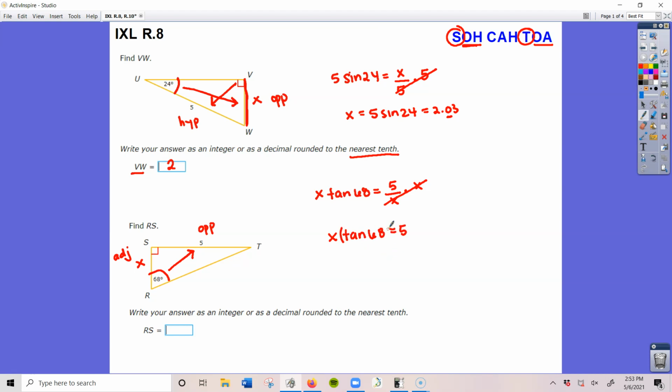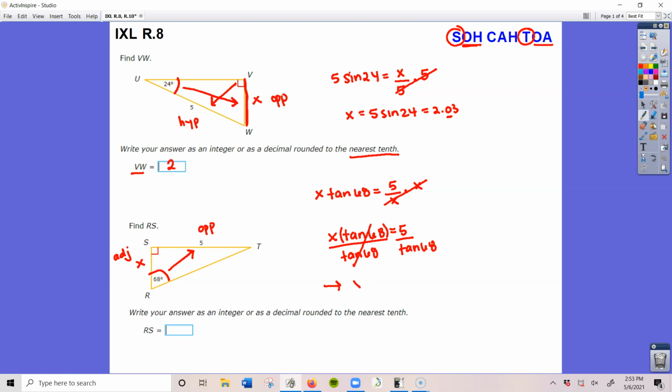Now the tangent of 68 here, this is just another number, because when you put this into the calculator, you get a decimal. To solve for x, this means x times the tangent. So I need to remove this tangent of 68. And since this is multiplied, I would divide by the tangent of 68 to both sides.